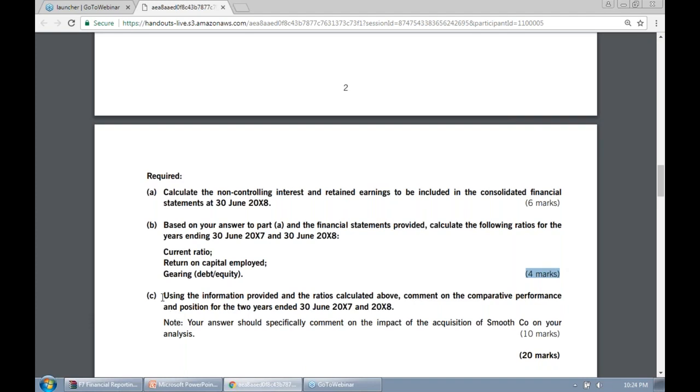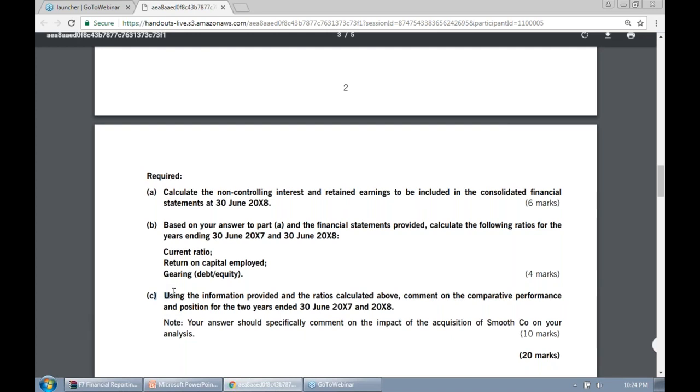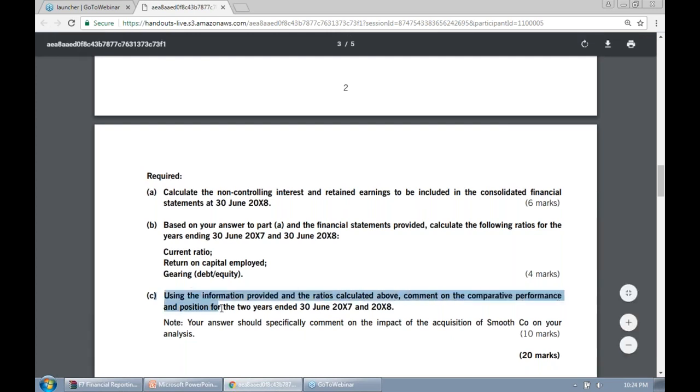Then finally, using the information provided and the ratios calculated above, comment on the comparative performance and position of the 2 years. Whatever ratios you have calculated, you are only required to comment on these three ratios, not more than that. But you haven't found any hint up till now.